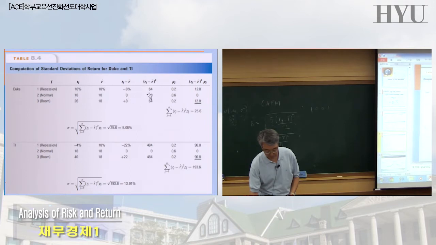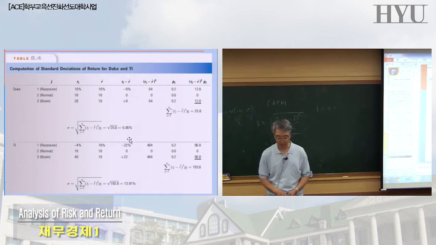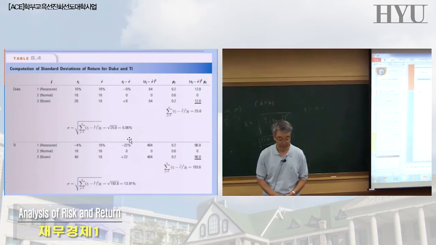You square the deviations, and before you add them up, you multiply by the probability. If you calculate it, you find the variance, because this is before you take the square root. If you take the square root, the standard deviation comes out to be 5.06%.